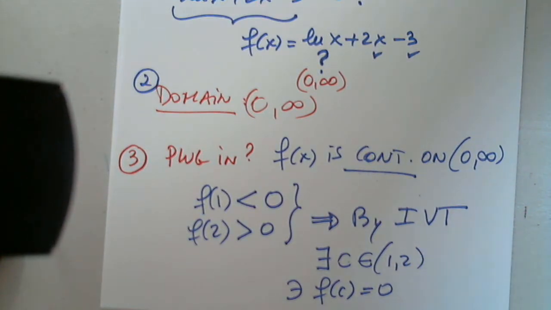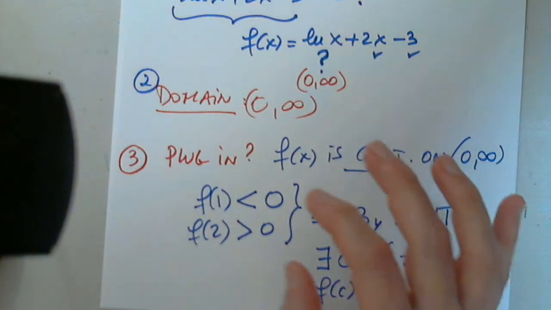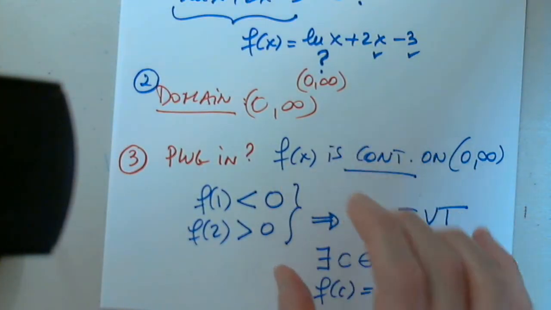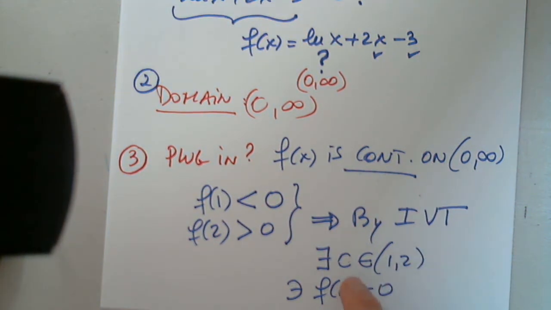Find an interval of 1 unit length, in this case from 1 to 2, where, since the function is continuous, it changes sign. Therefore, there must be a C in the open interval 1, 2, such that that is the x-intercept, a number between 1 and 2, because f of C equals 0.